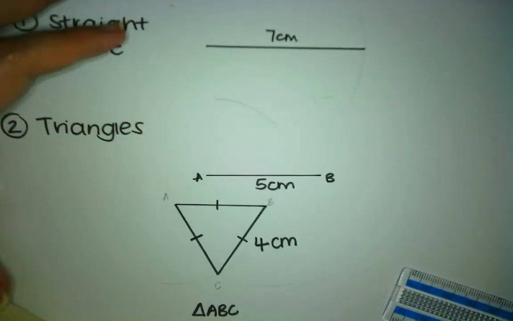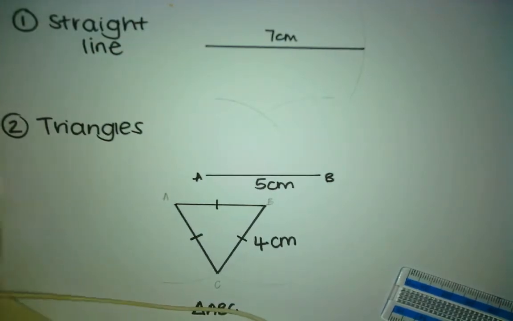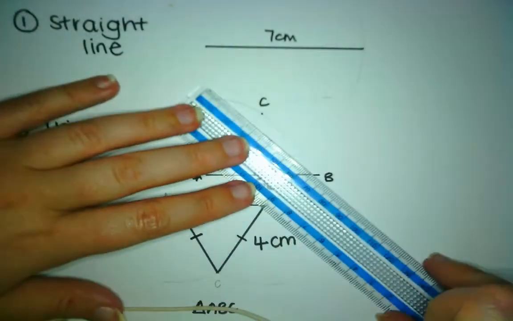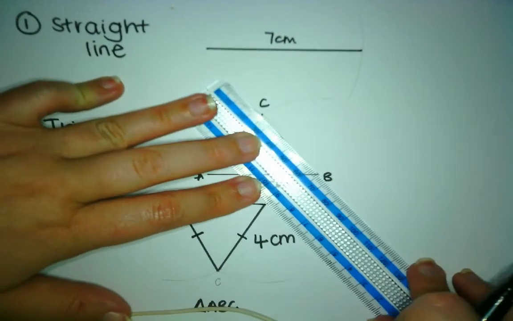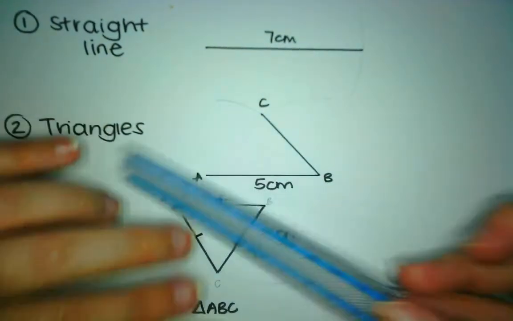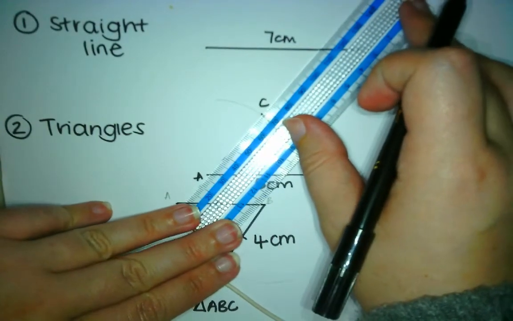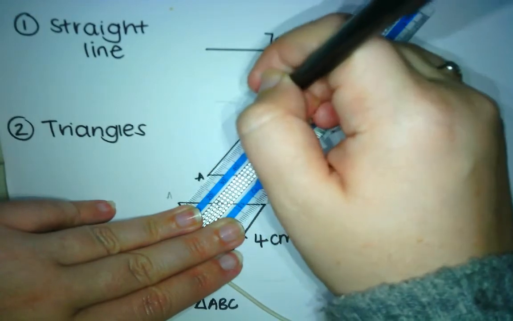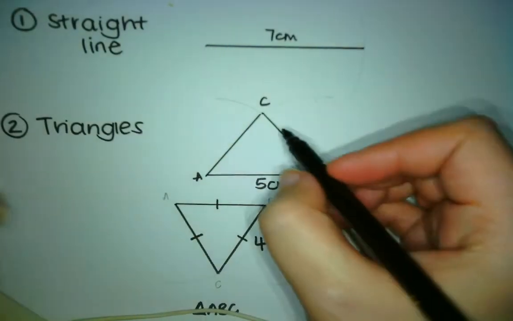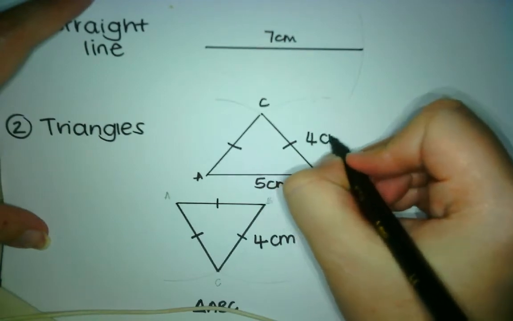Then I put a dot in the center where they've crossed, and that's going to be C. Then I connect from B to C, and then from A to C. The last thing you need to do is write in that those two sides are the same, and that is 4 centimeters.